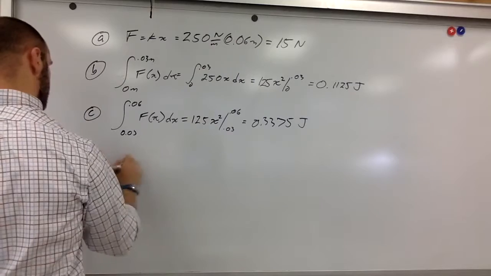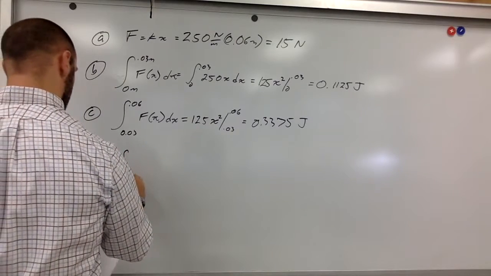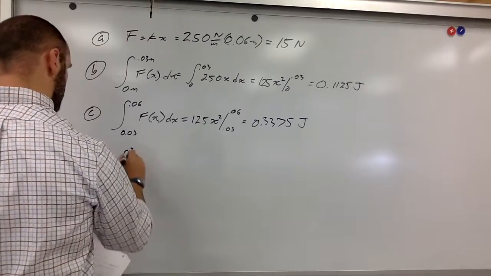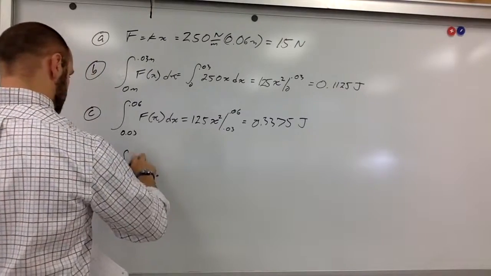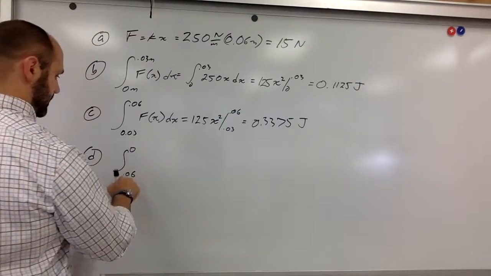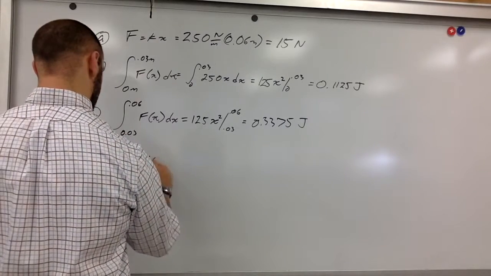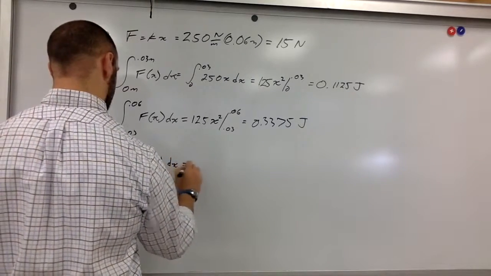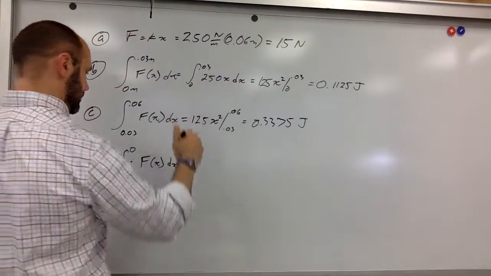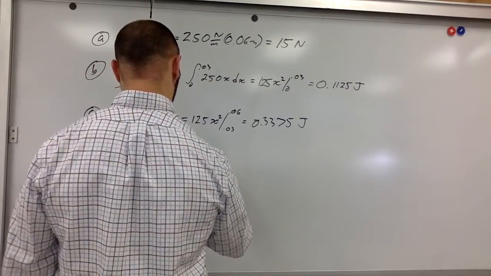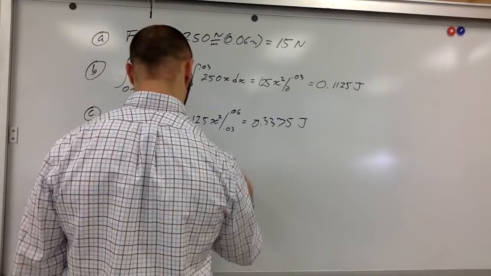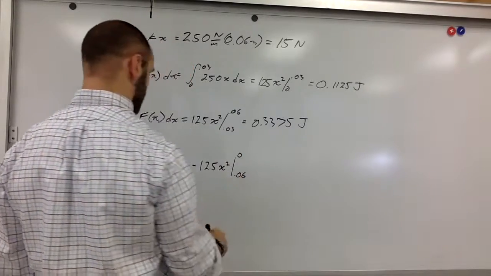So D is going to be going from 0.06 to 0, right, from the maximum amplitude back to the equilibrium position. And it's going to be negative f of x dx. And so this is the negative of what we had up here. So negative 125 x squared from 0.06 to 0.